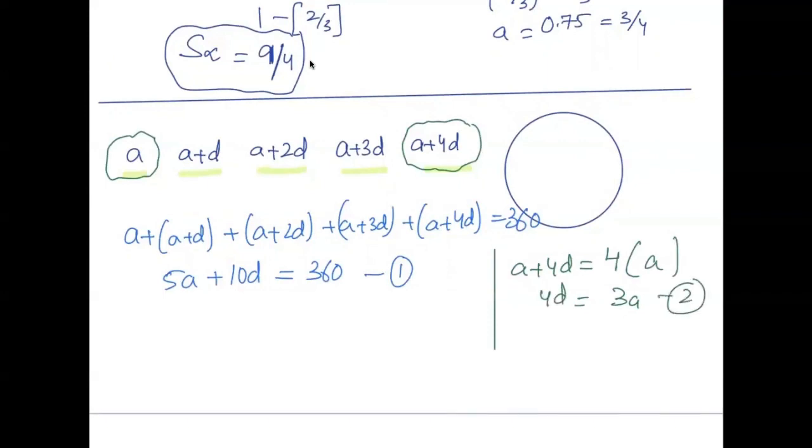Solve the two equations simultaneously, you are going to get the values of A and D. So A comes out to be 4D upon 3. Okay, just solve this.